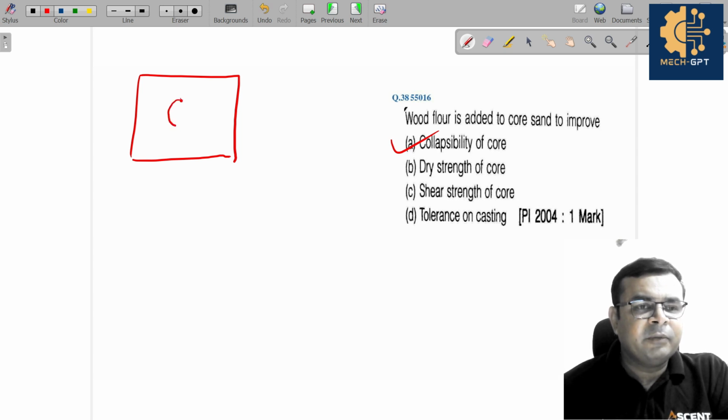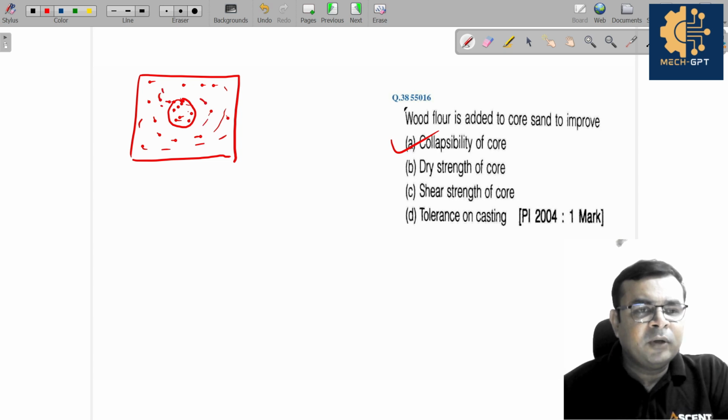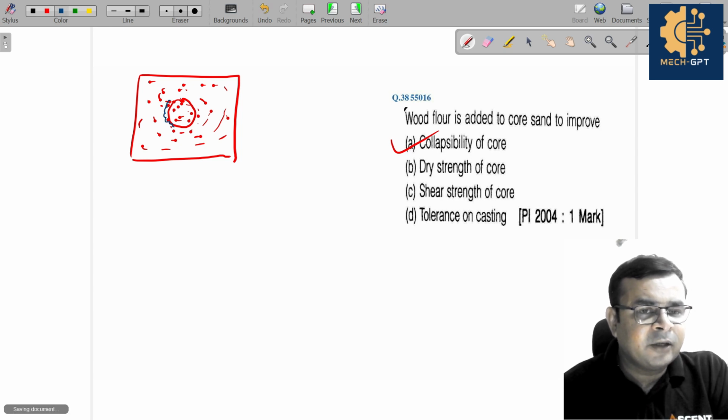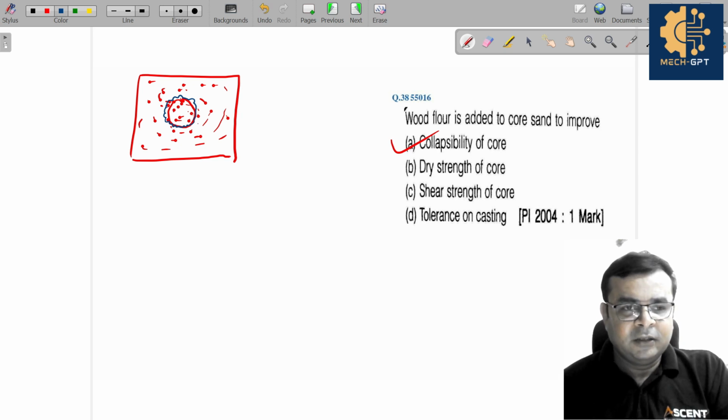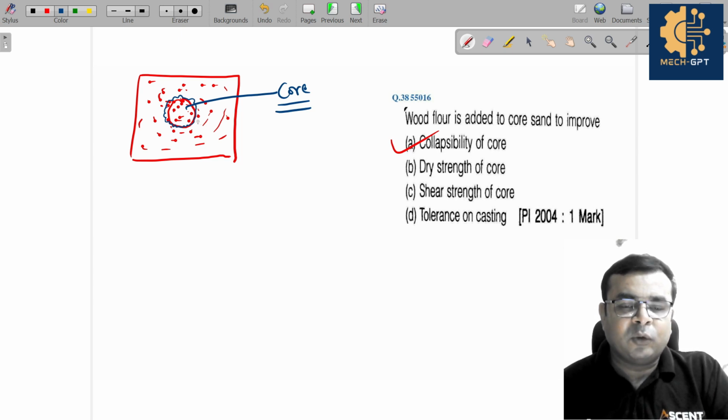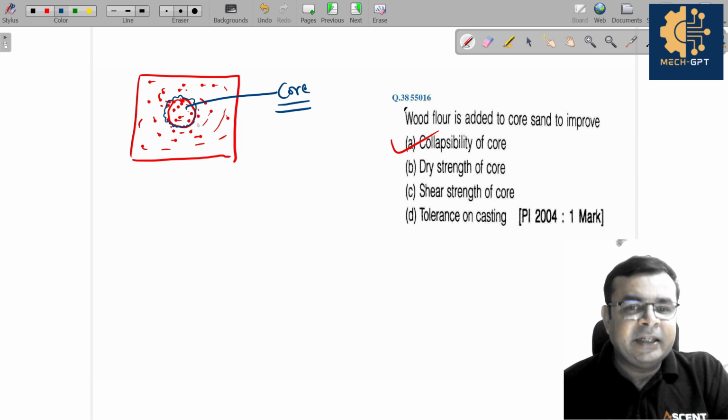If we put a core and add wood flour, then obviously when the molten metal is poured, by the heat of the molten metal, the wood flour may burn out and make a layer of carbon over the core. And due to this, the detachment of the molten metal from the core may easily take place, and this ability is called collapsibility.